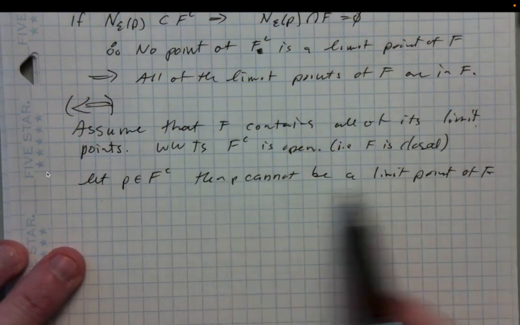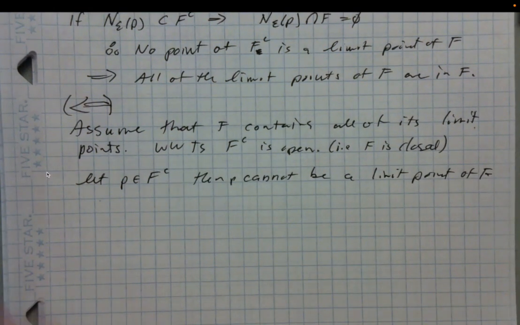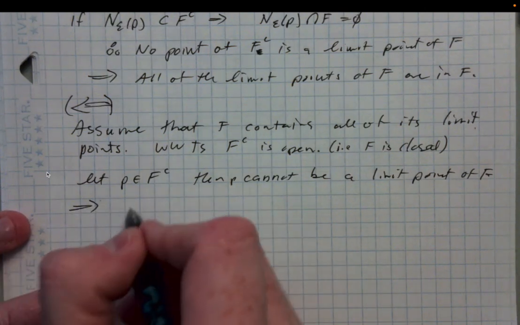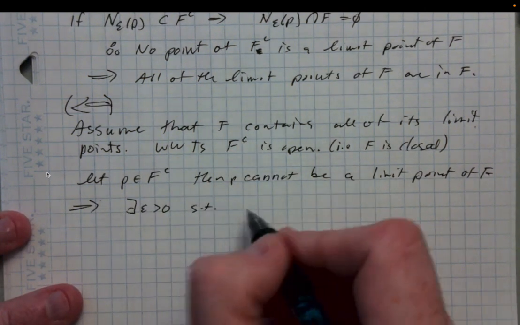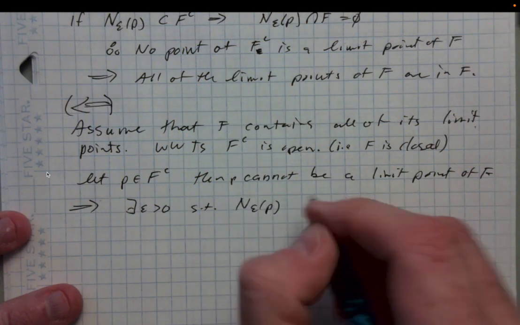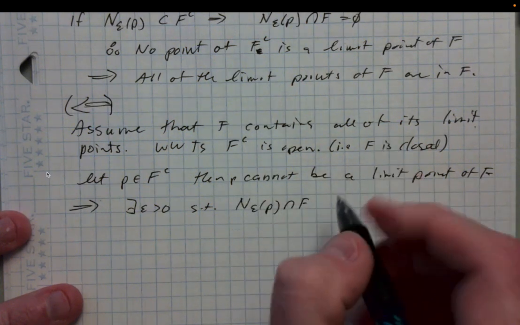P is not in F, so p cannot be a limit point of F. So therefore, the implication is that there exists an epsilon greater than 0 such that the epsilon neighborhood of p intersect F is empty.